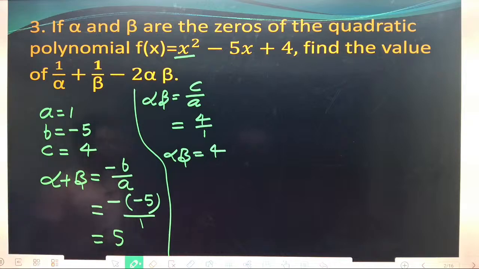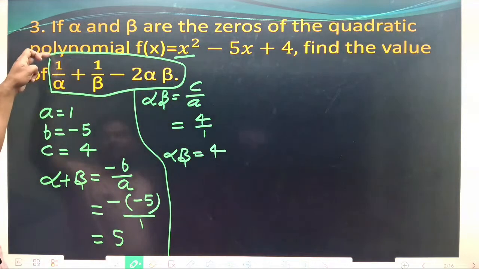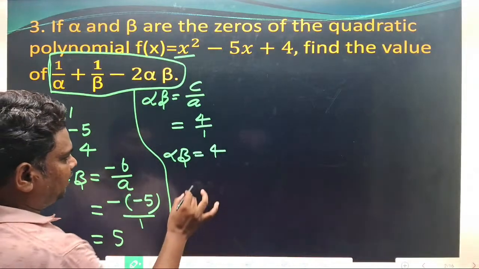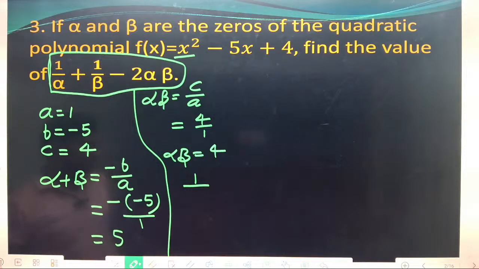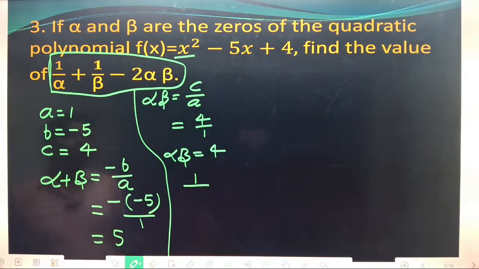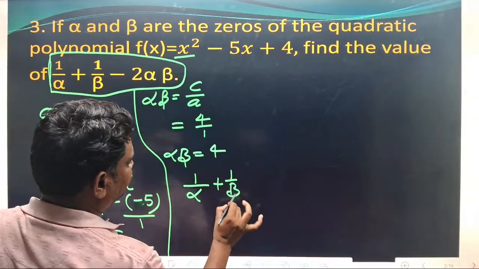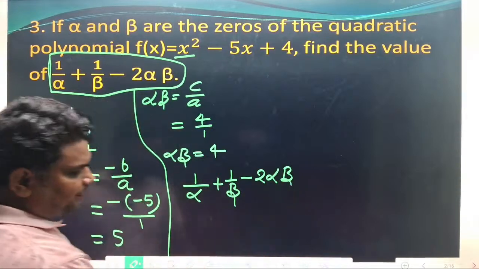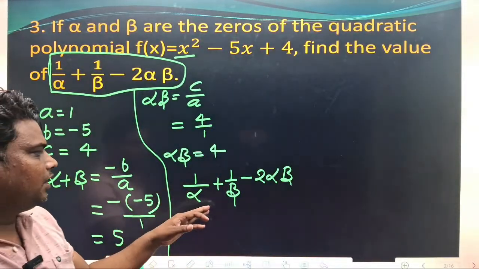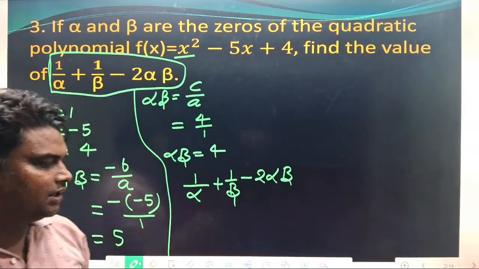Okay, now you see here, the value we are finding is 1 upon alpha. Now you solve the question, what is it asking you: 1 upon alpha plus 1 upon beta minus 2 alpha beta. Now 1 upon alpha plus 1 upon beta, these are fractions.